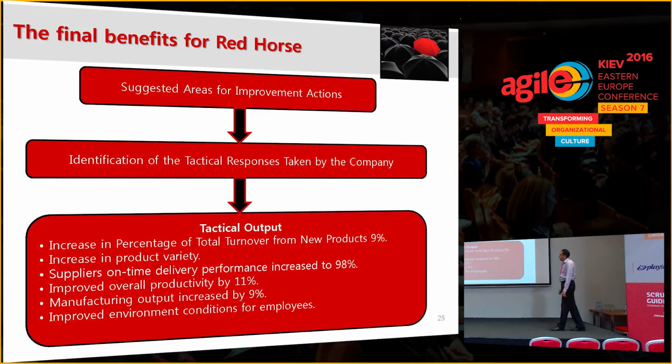And what they finally got: they increased the percentage of turnover of the new products by 9%. That's what the manager wants to see. They want to see something touchable in the bottom line. They increased the product variety, because this was one of the improvement areas.